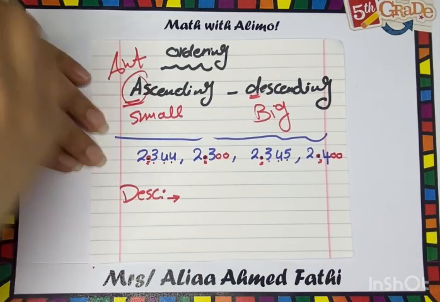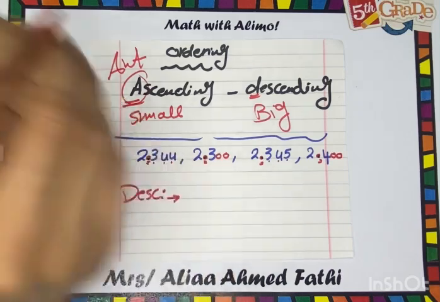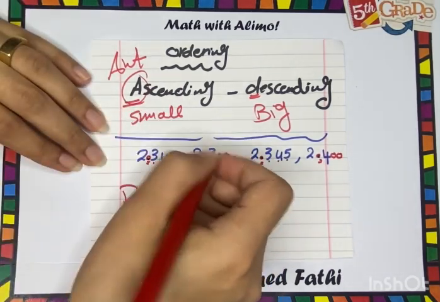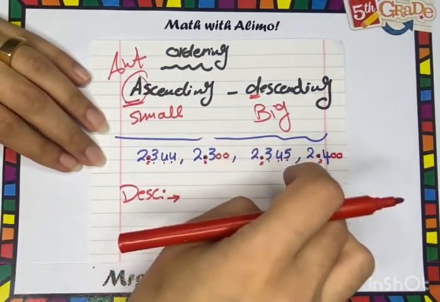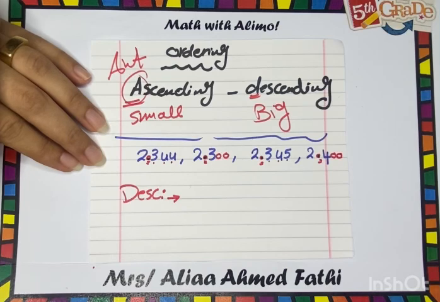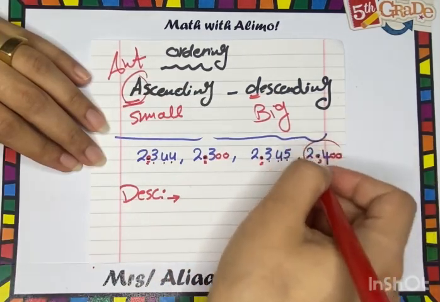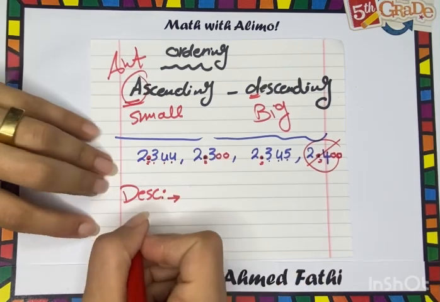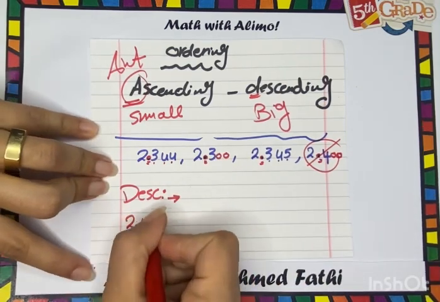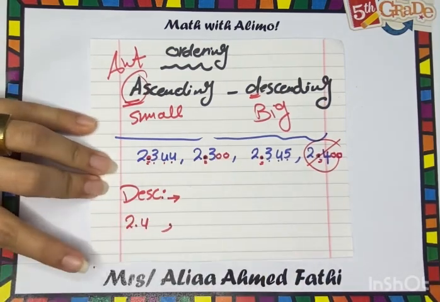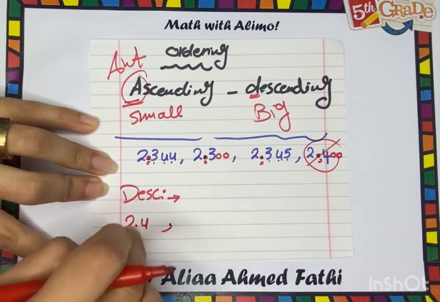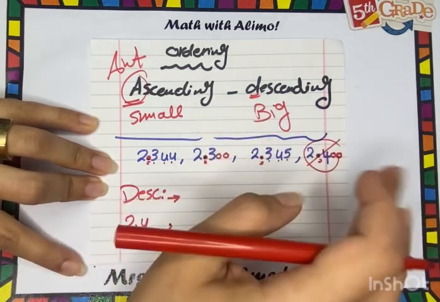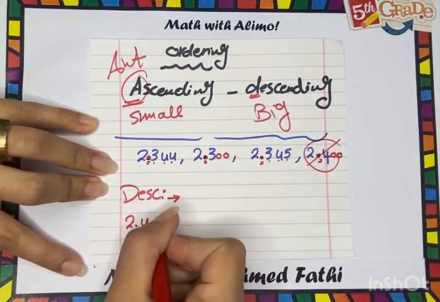Okay, let's check. 344 or 300 or 345 or 400, which is the greatest one in the decimal part? Of course, the 400. So this is our first and greatest one. Okay, I can write it this way, or we can put the 2 zeros.